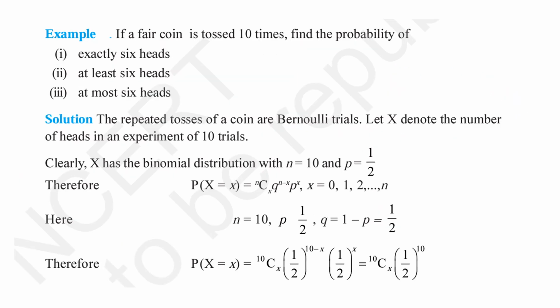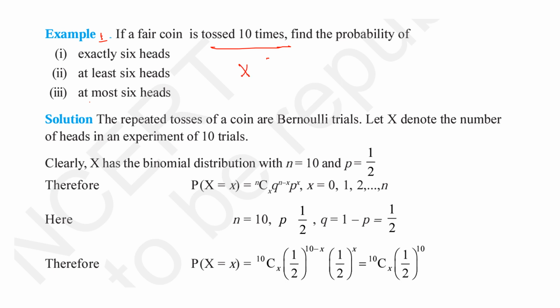Let's understand Bernoulli trials with the help of one example. If a fair coin is tossed 10 times, find the probability of exactly 6 heads, at least 6 heads, at most 6 heads. So the repeated toss of a coin are called Bernoulli trials.